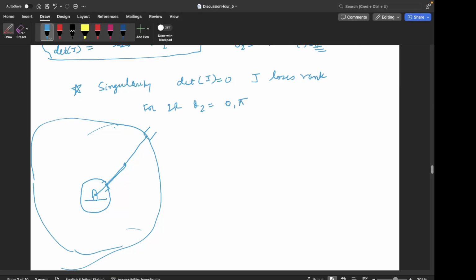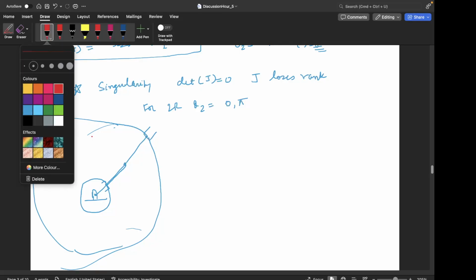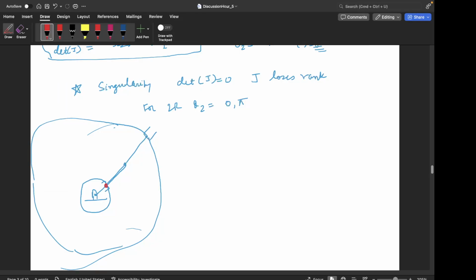So the singular points are here. This is a singular configuration, and this is a singular configuration. This is theta 2 equal to pi, this is theta 2 equal to 0, and at these very specific configurations the arm can have velocity only in one direction.